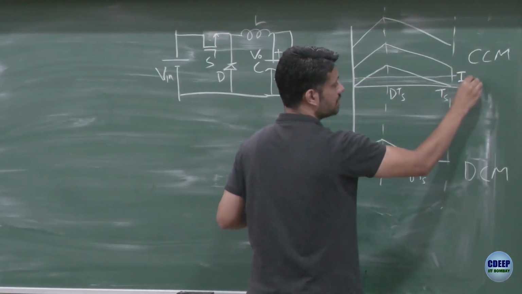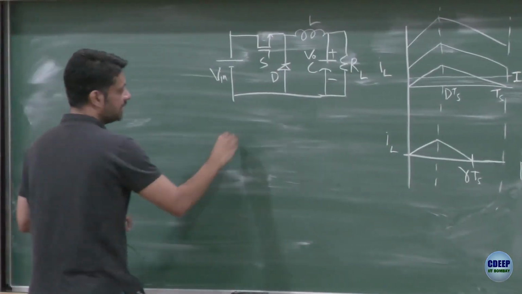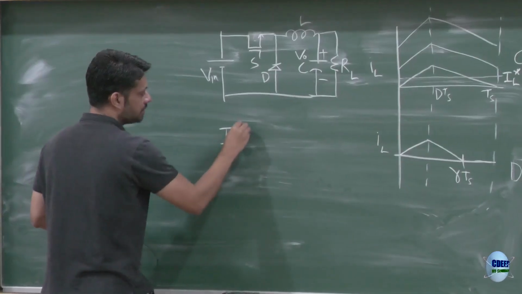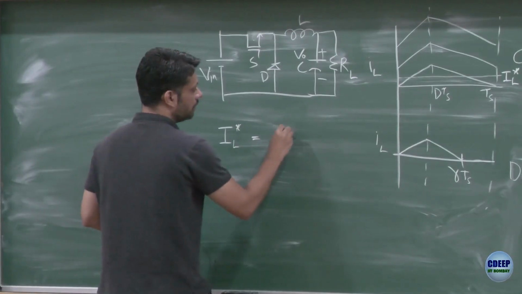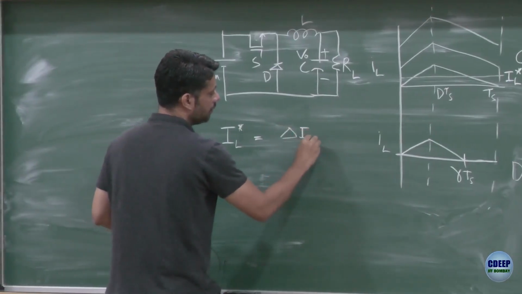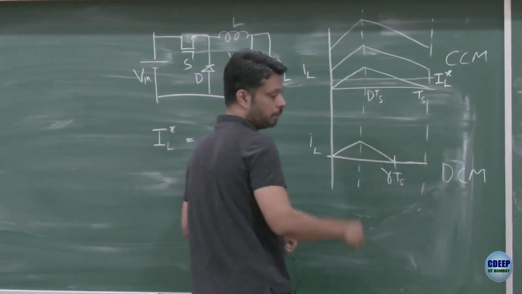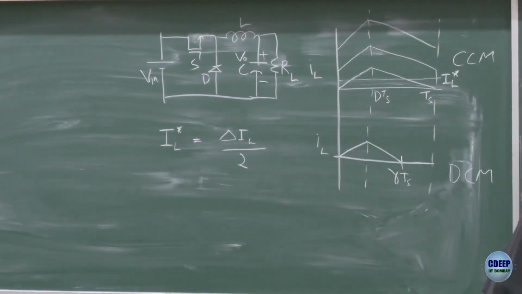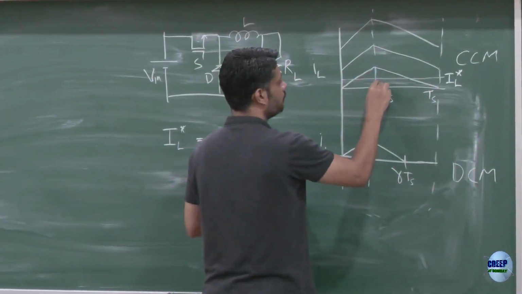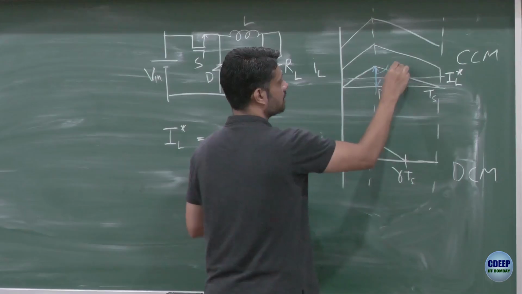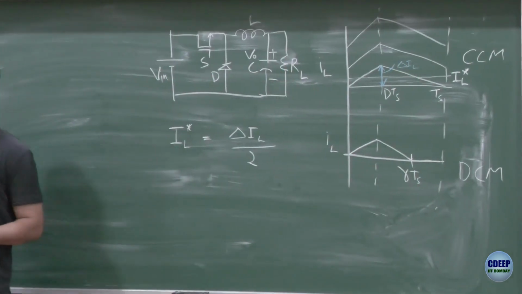In this case, let me put the star mark, the average inductor current in this limiting case is equal to delta IL by 2, where delta IL is this peak to peak value.